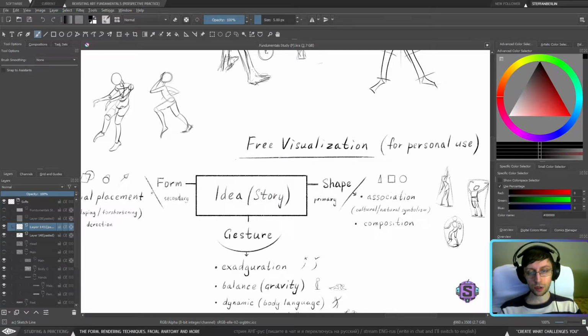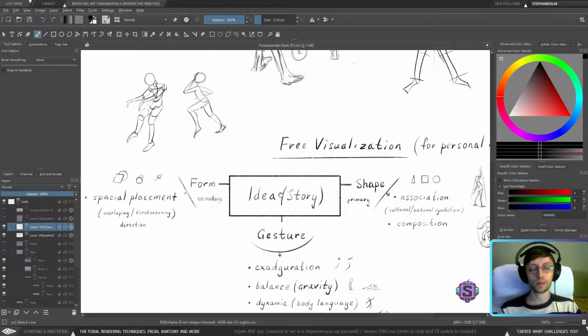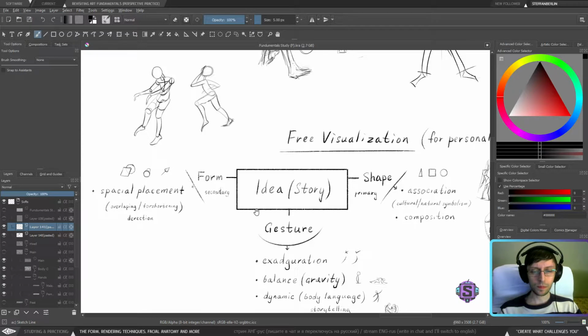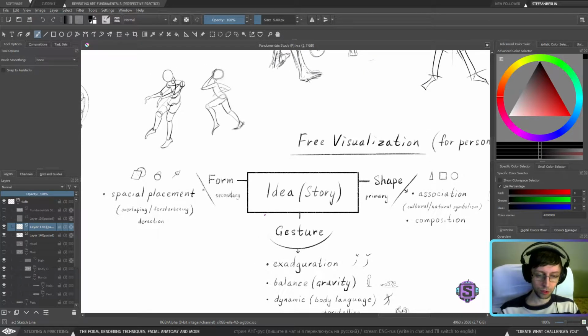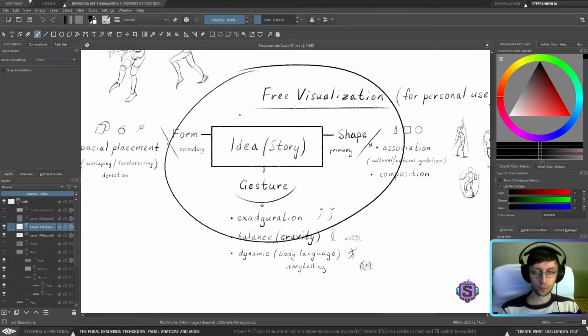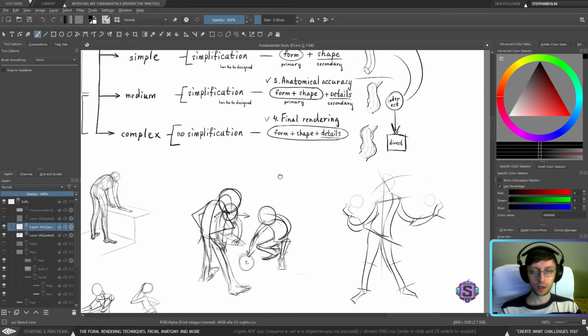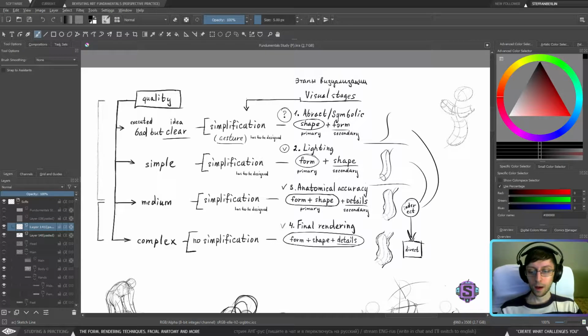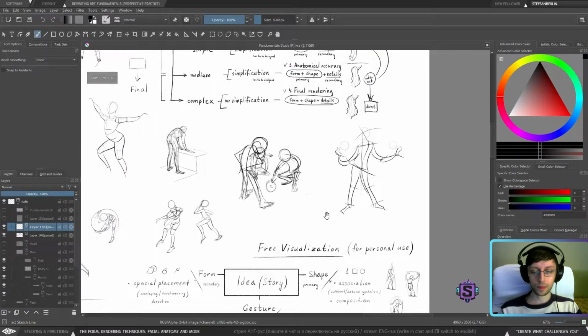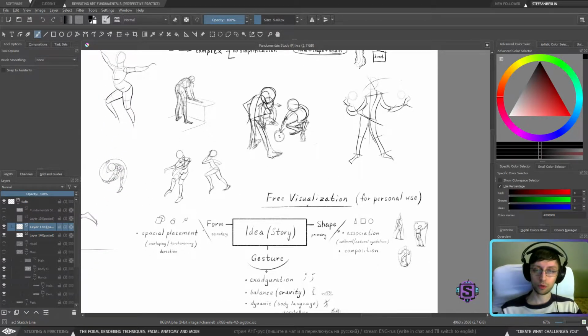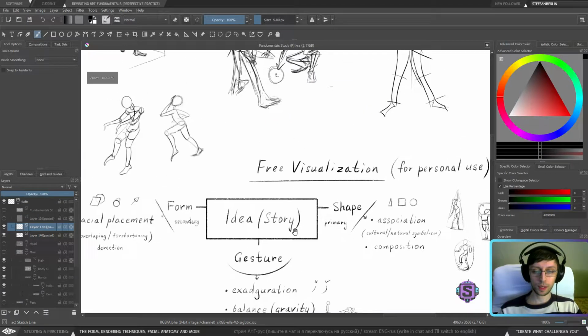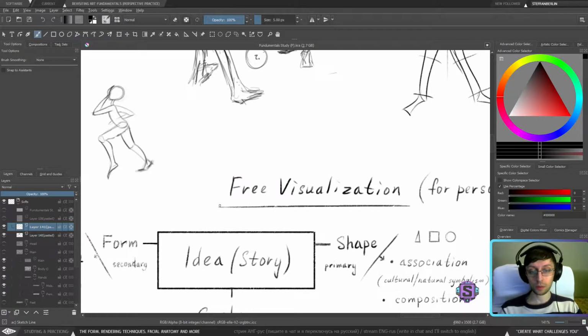Again, these sessions are going to go in two formats. For instance, on Friday we had a strictly theoretical format where I talked about things and tried to find a way to approach this free visualization stage. We overviewed everything here. And the second part, how these sessions are going to go: if viewers join us, we're going to go into the draw pile and draw together and try to freely visualize.